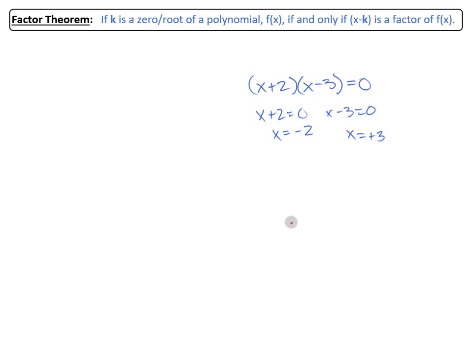Well, this factor theorem says this is true for all polynomials, but we can go backwards as well. If I know -2 is a 0, x plus 2 has to be a factor. And if +3 is a 0 or root, x minus 3 has to be a factor. So this is what we're getting to with this theorem.